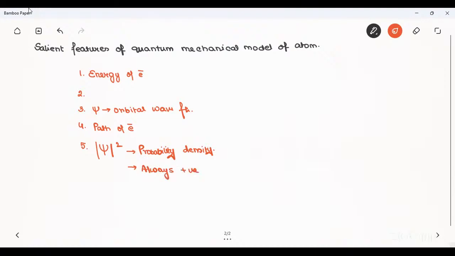From the value of psi square at different points within the atom, we can predict the region around the nucleus where the electron can be found mostly. This is the kind of thing questions have been asked.